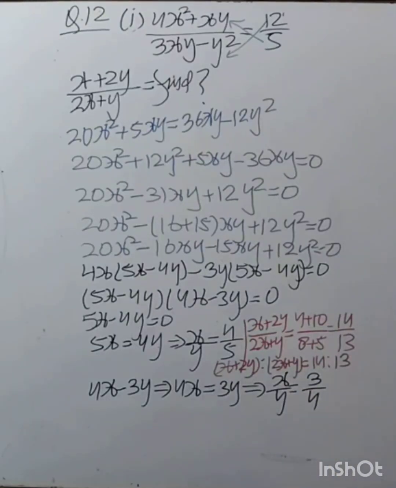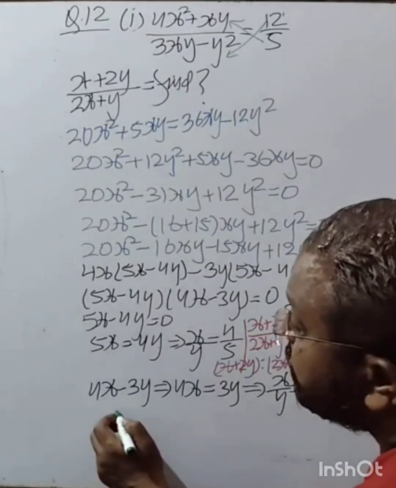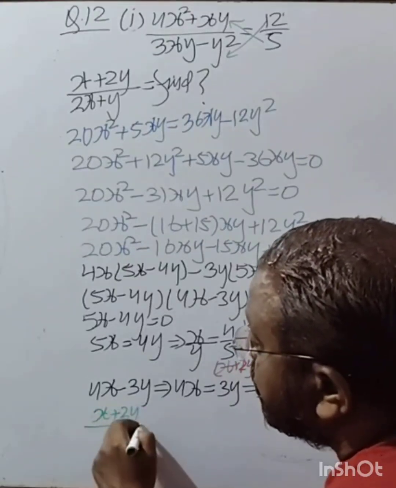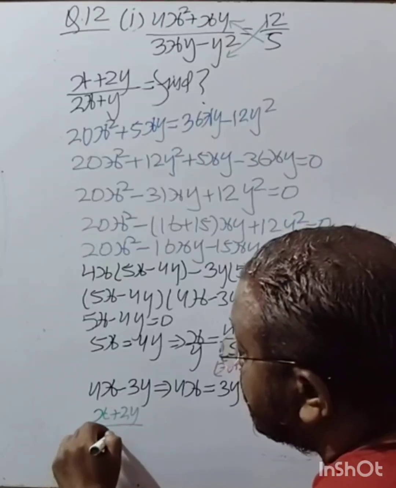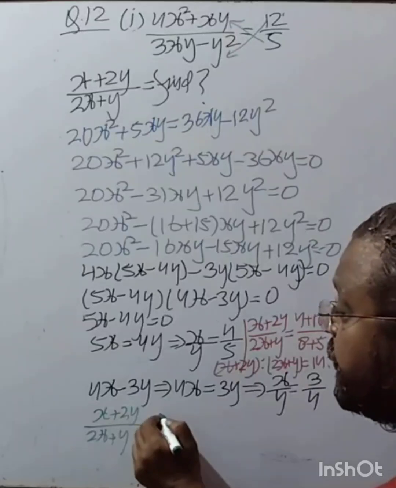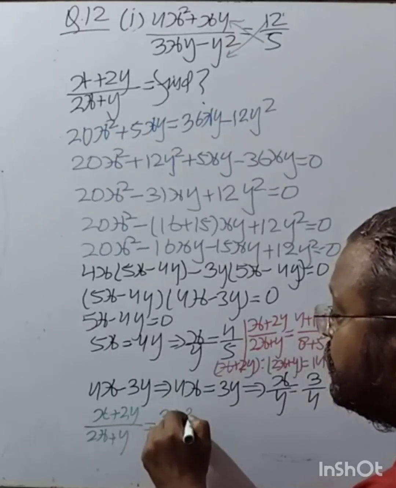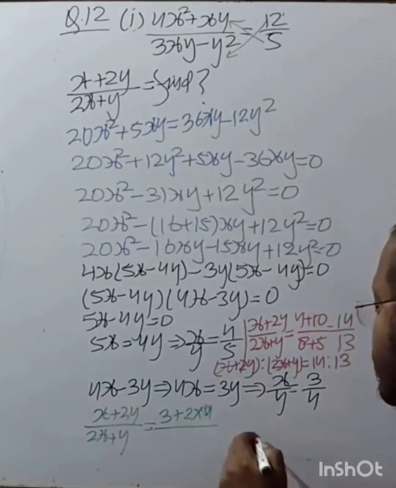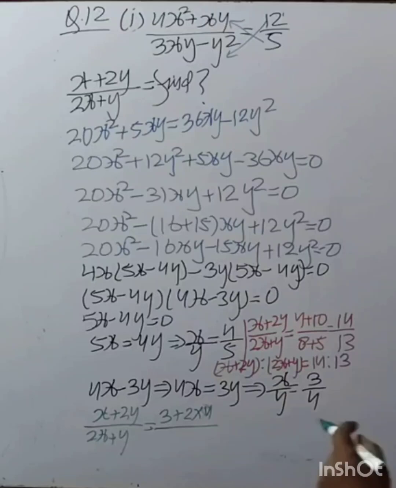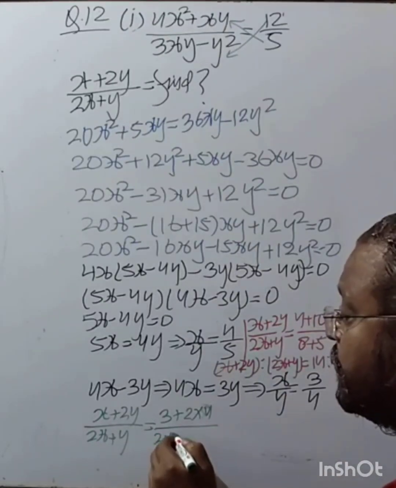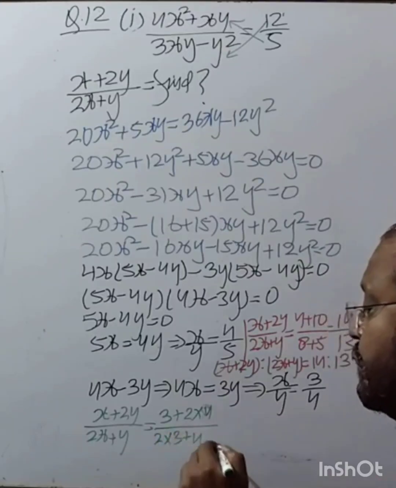So how will you do this? Now x plus 2y upon 2x plus y is equal to 3 plus 8, 2 into 4 upon 2 into 3 plus 4.